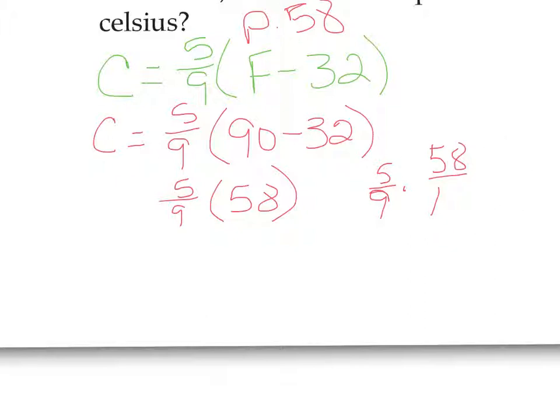So multiply first, then divide. Or you could make the 5/9 a decimal, and then multiply times 58. It doesn't really matter. Pause the video, do all that, and then you can come back and check it with my answer, which is 32.32 degrees Celsius.